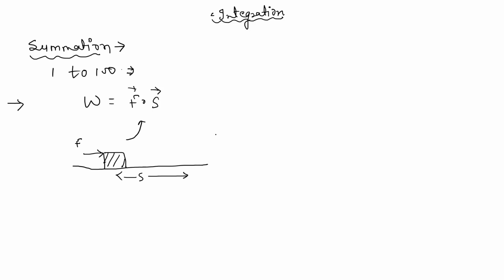Now we change the scenario. The scenario is so simple. Now our interest is to find the work done on a path. We have a block of mass m, and a force F is applied on the block, and due to this force, the body changes position from x1 to x2.